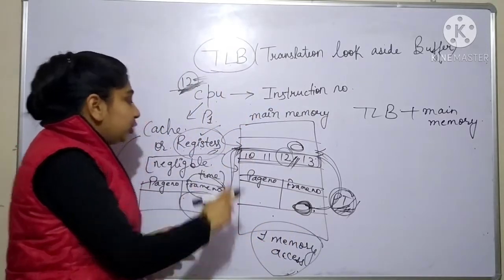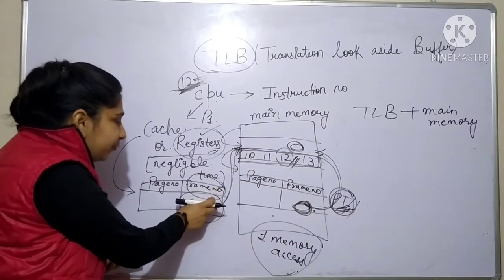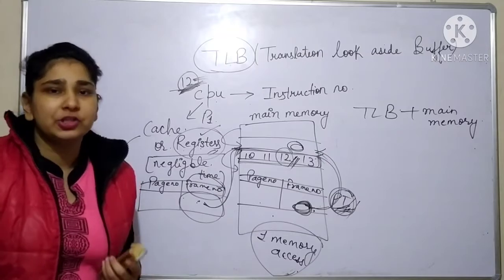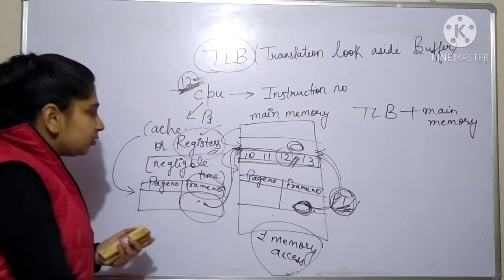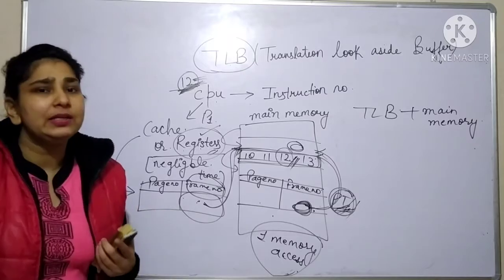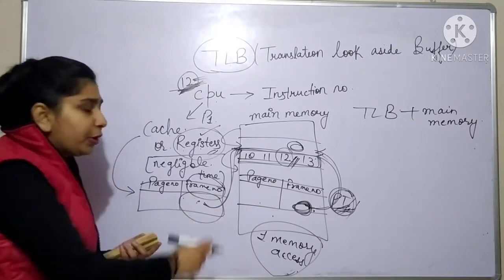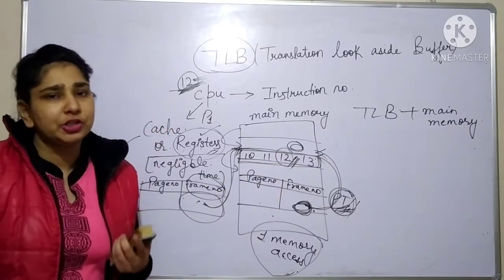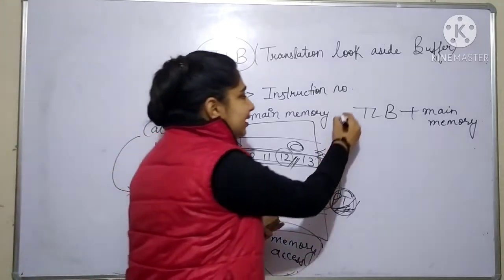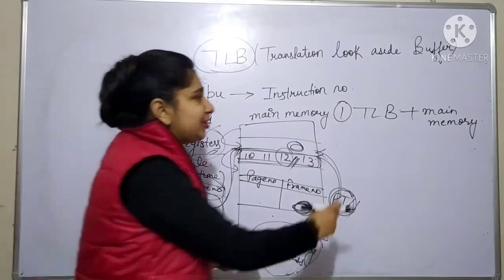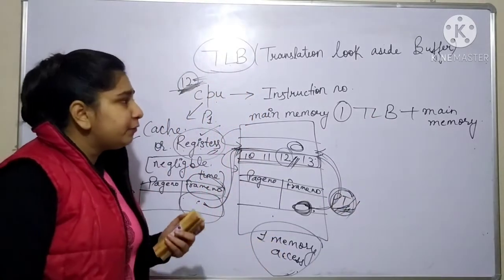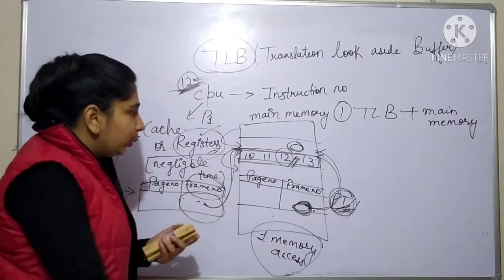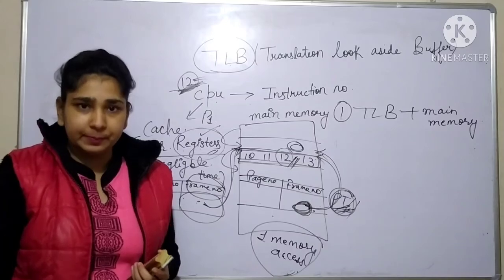Because your TLB is just going to give you the frame, the location where you can find your actual instruction in main memory. Your TLB is not going to give you the actual instruction. It is just going to show you the location, that if you go to this location, you will get your original instruction. So the first situation is, we check in TLB, and if we find the entry, we access main memory only once to get the actual instruction.